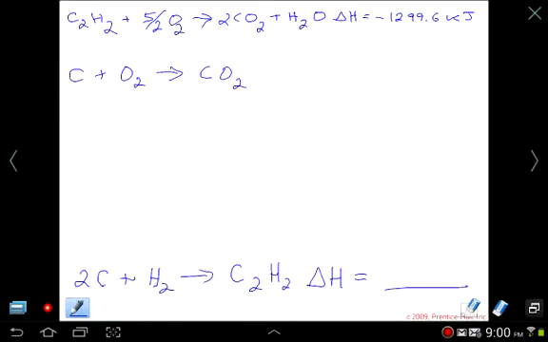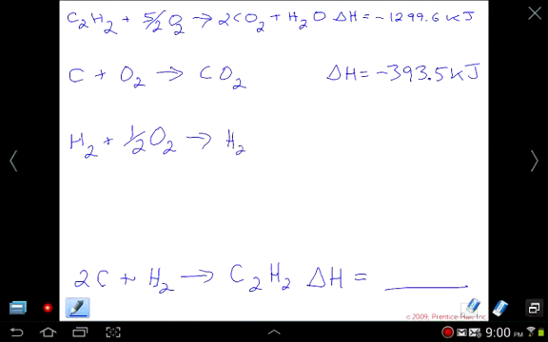And the delta H of this process is given to us as negative 393.5 kilojoules. Our third reaction then gives us H2 plus half of an oxygen giving water, and the delta H of this process is negative 285.8.